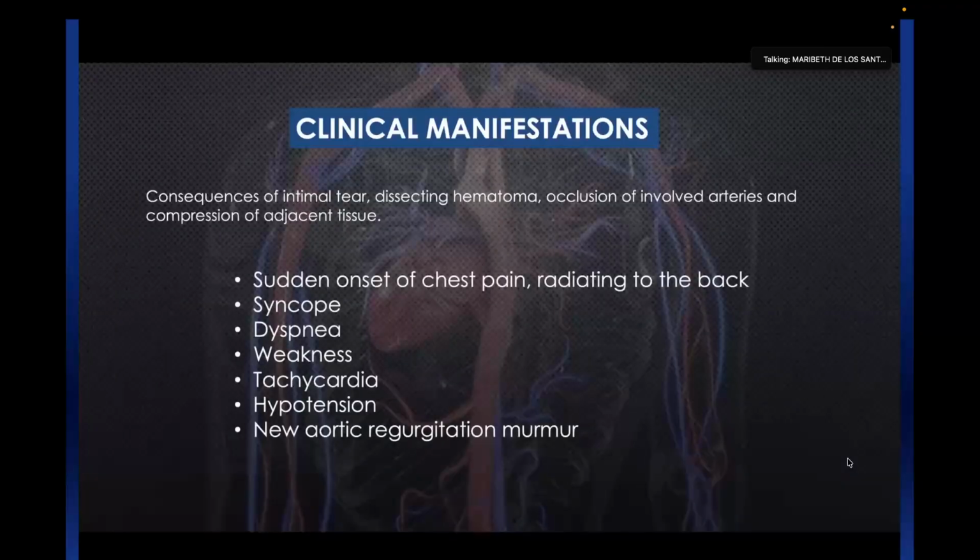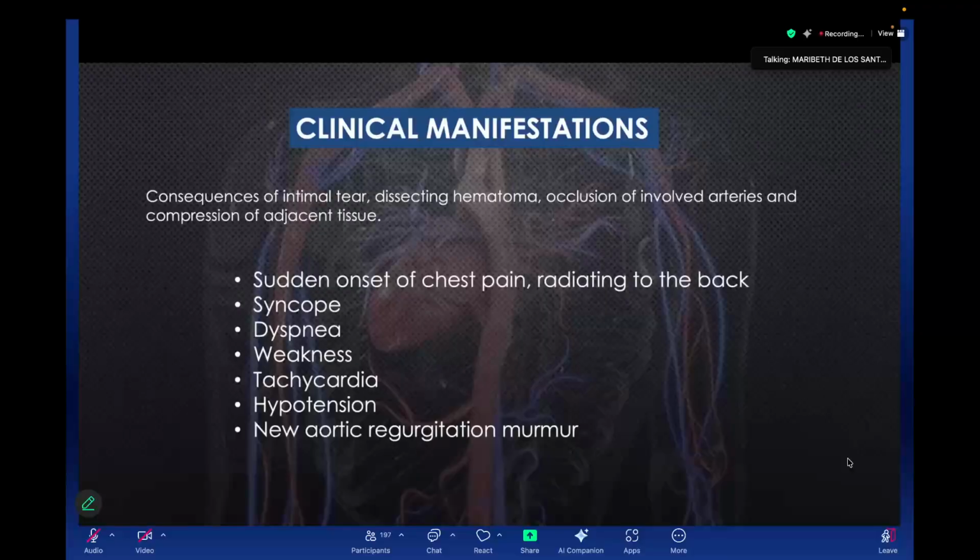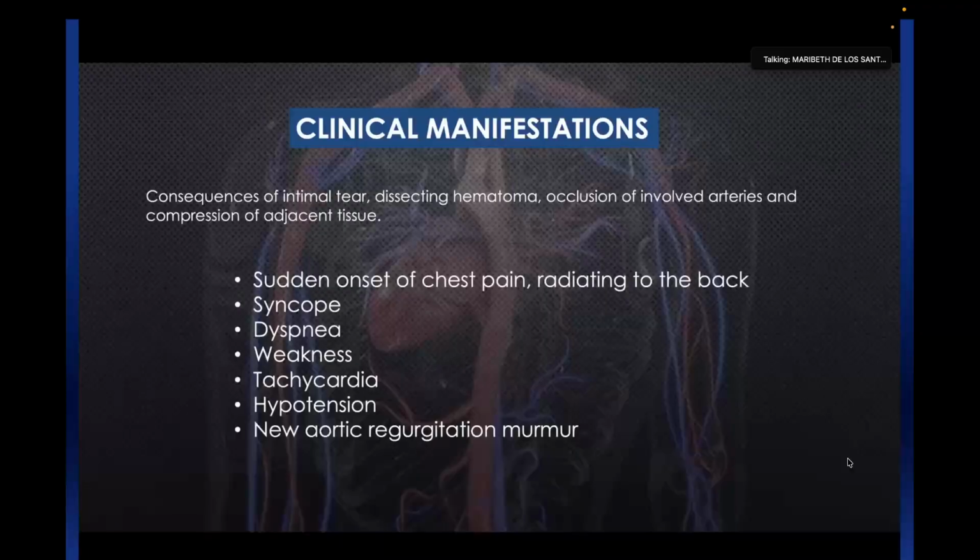That's why there is end organ hypoperfusion, exemplified by reduced urine output, paraplegia, lower limb ischemia, abdominal pain secondary to mesenteric bowel ischemia, or deteriorating conscious level. These are all secondary to hypovolemia from blood loss into the dissection, or cardiogenic from severe aortic regurgitation or pericardial tamponade.